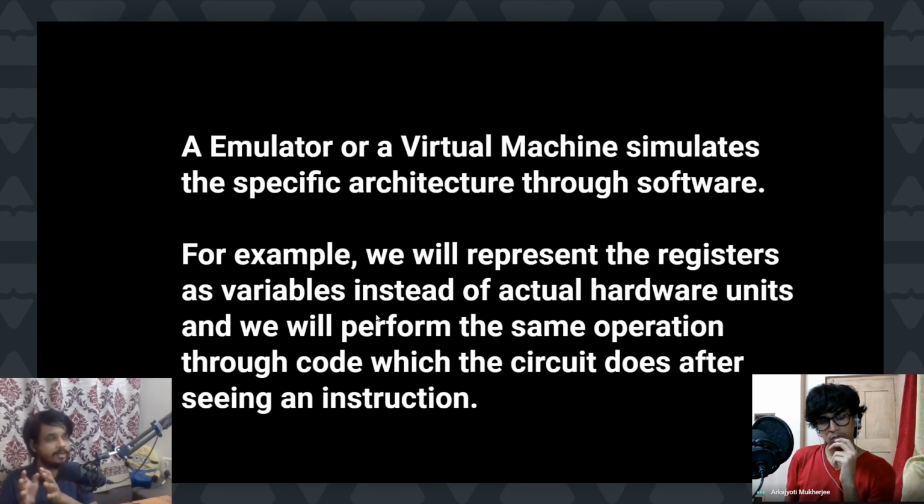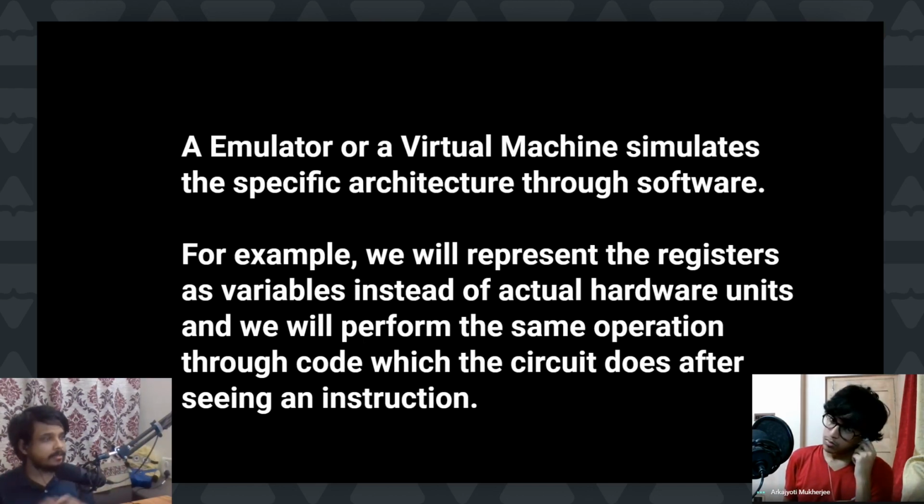An emulator or a virtual machine takes a specific architecture and implements it through software. So let's say there is an architecture which says that I have 4 opcodes, 1, 2, 3, 4, it has 3 registers, and it can have a maximum of 10 kilobytes of RAM.